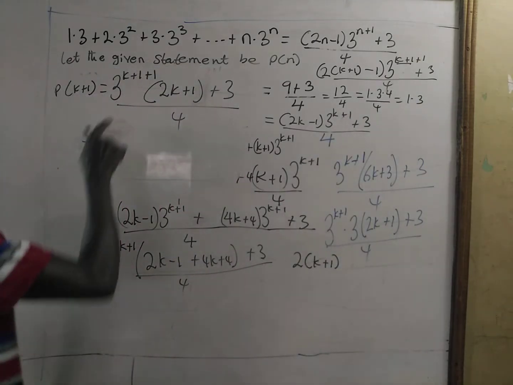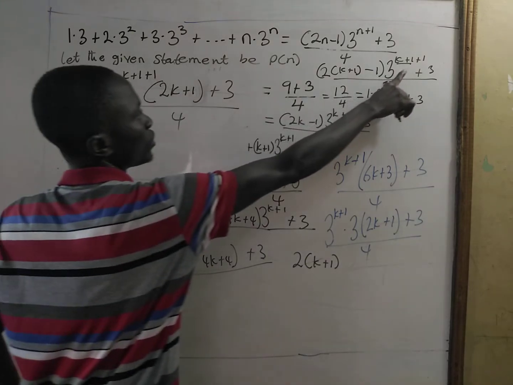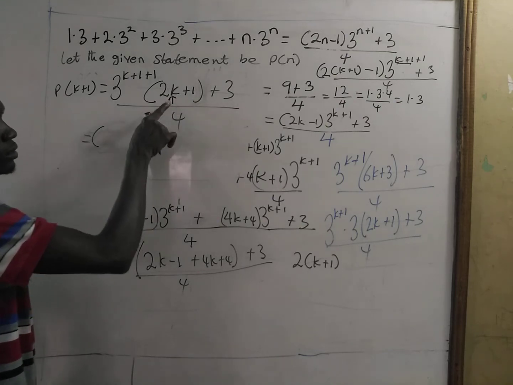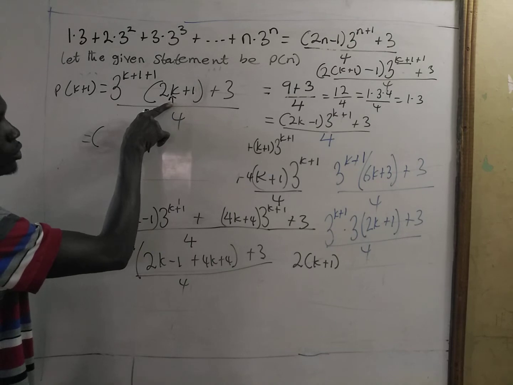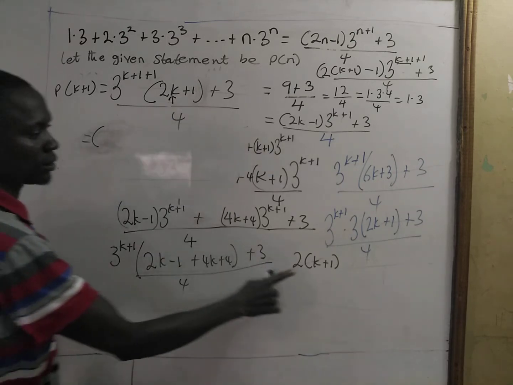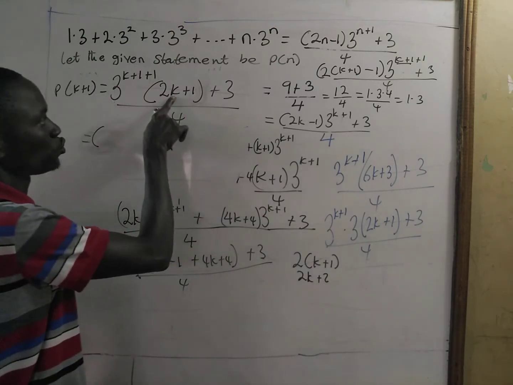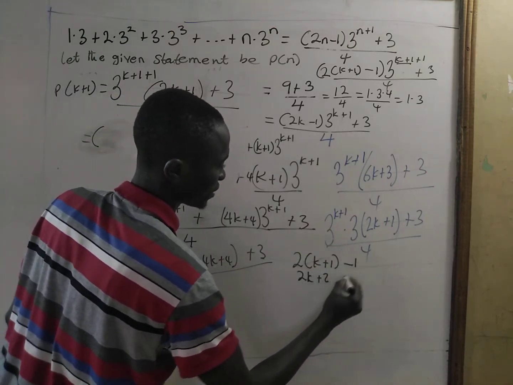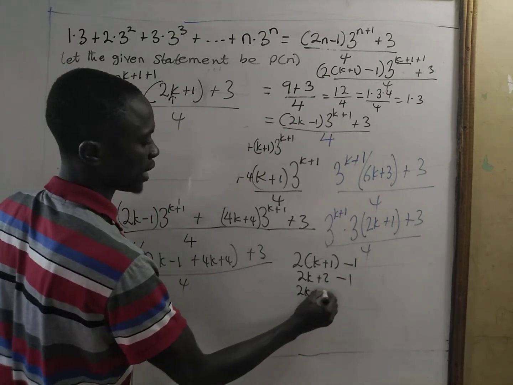Wow. So here, we've gotten the k plus 1 plus 1. It has left with this. So where you see this k, you should put there k plus 1. Very simple. If we put there k plus 1, we will get 2k plus 2. But here you have 2k plus 1. So it means that we can subtract 1 from this. If we subtract 1, it becomes 2k plus 1.